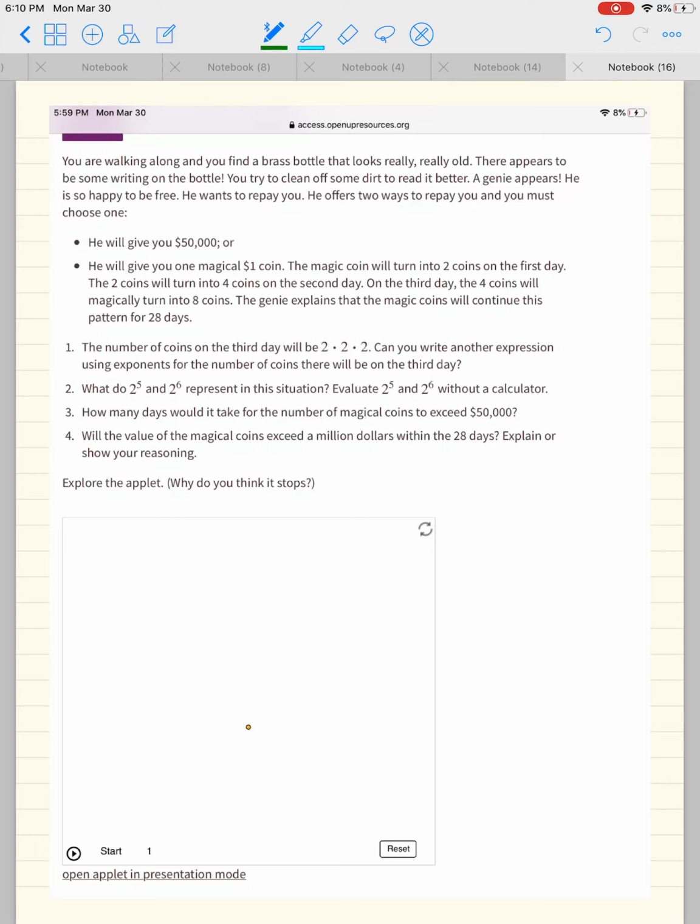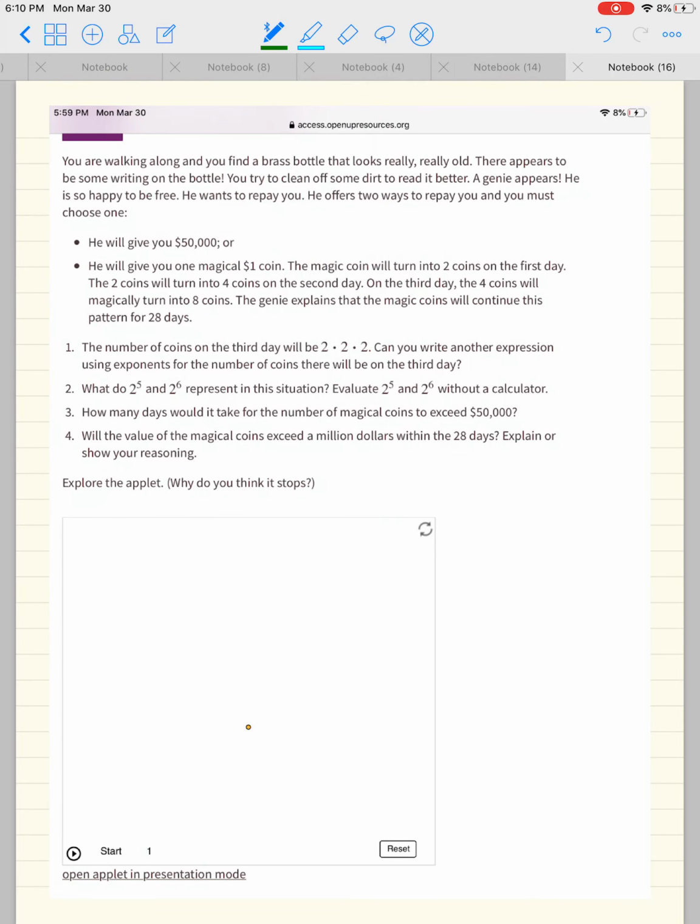So either he will give you $50,000, or he will give you a magical $1 coin. That magic coin will turn into 2 coins on the first day. The 2 coins will turn into 4 coins on the second day. On the third, the 4 coins will turn into 8. And the genie explains that the magical coins will continue on that pattern for 28 days.